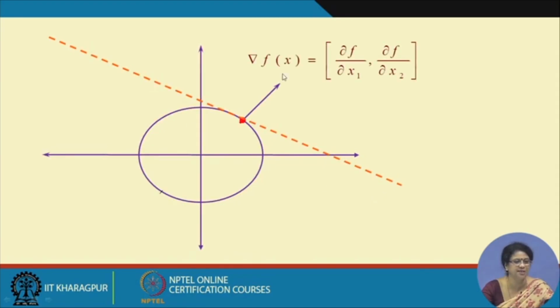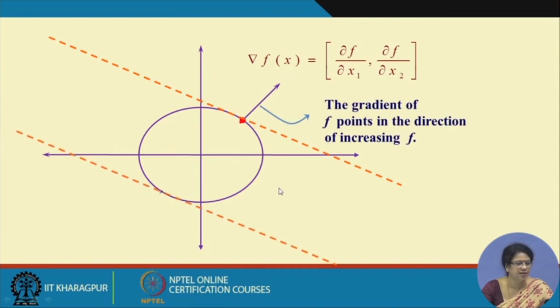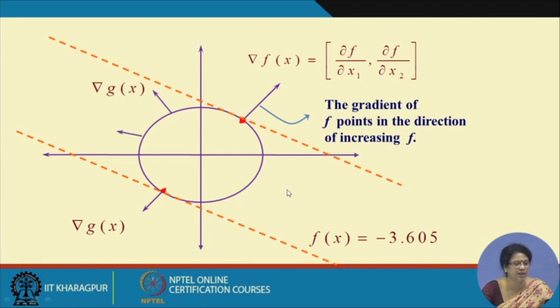Now, for the same figure, this is the circle, this is the maximum value, the gradient direction is this one, grad f. This is the minimum value. Where is the gradient direction? The gradient direction of the objective function is this way, but at this point the constraint gradient is this way. What fact did you get from here?